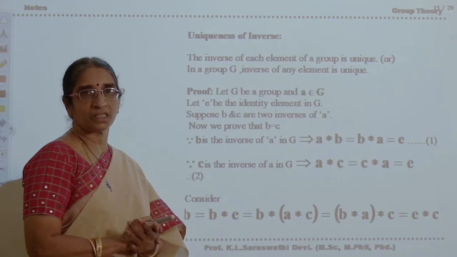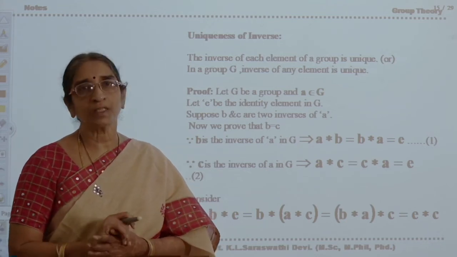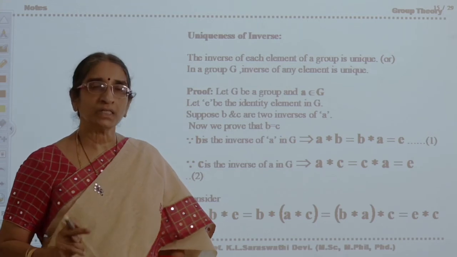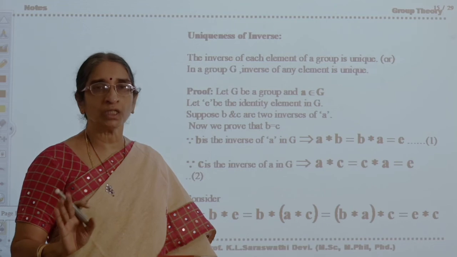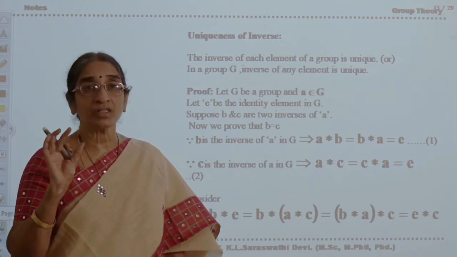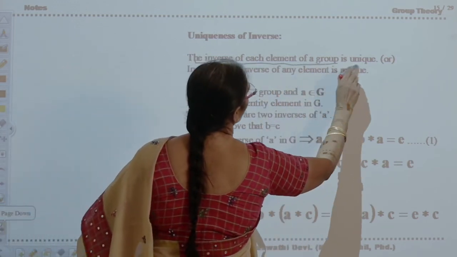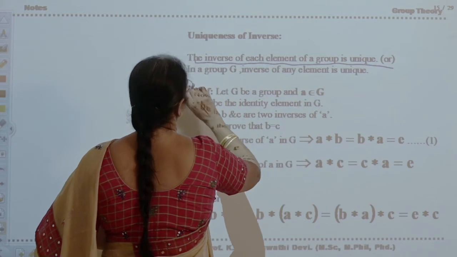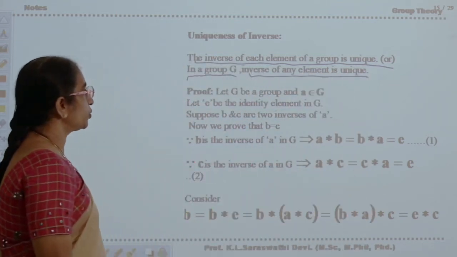Uniqueness of inverse. Now any element must possess its inverse. That inverse is unique. Suppose A belongs to the group G, A is having its inverse, that inverse is unique. The inverse of each element of a group is unique, or in a group G, inverse of any element is unique.